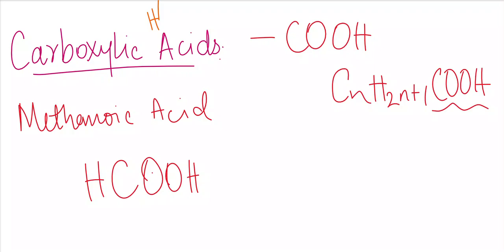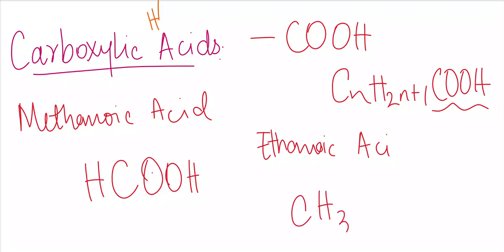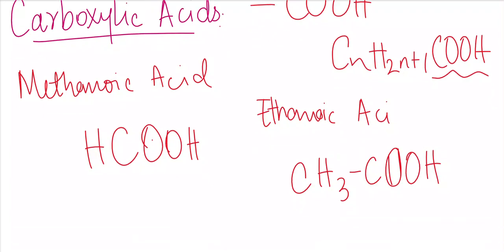However, the most important of these acids is the second one, ethanoic acid, and in ethanoic acid the formula is CH3COOH. So this is ethanoic acid, which is the acid also found in vinegar. And now I will show you here the structures of methanoic and ethanoic acid.